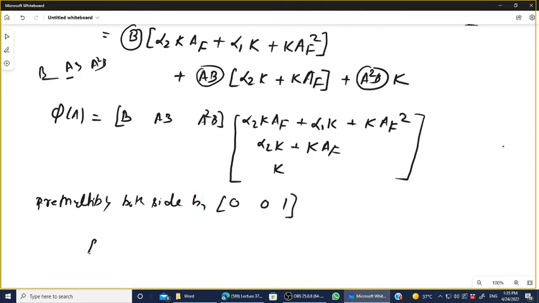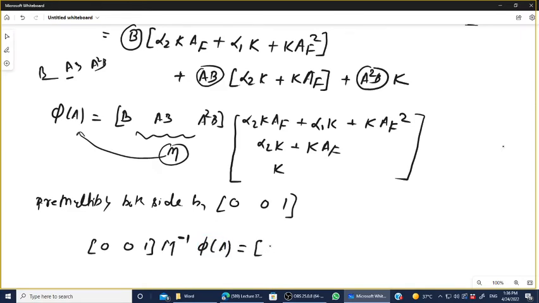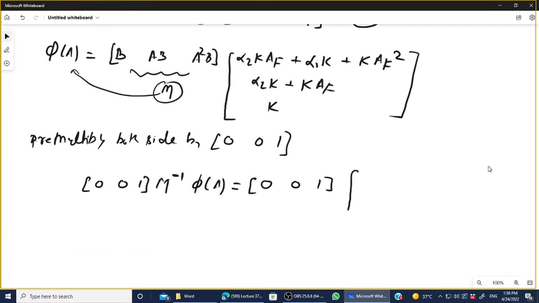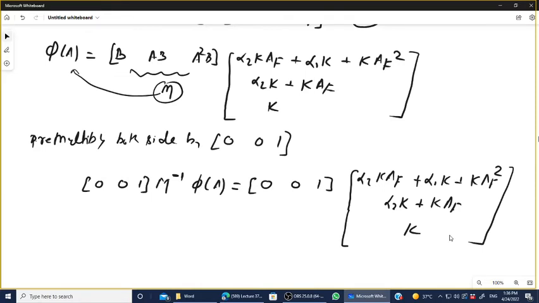So when you multiply by 0 0 1, this is nothing but the M matrix, and when you carry out this side, then it becomes M inverse, and that is the phi A. Okay, so phi A, and you have already multiplied with the 0 0 1, then it will come like this: alpha 2 KAF plus alpha 1 K, plus KAF square, alpha 2 K plus KAF, and K. The third element of this column is this one.